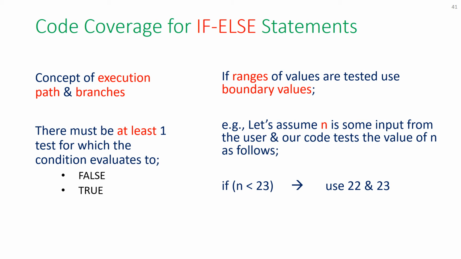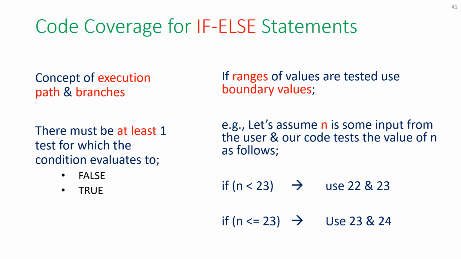But if I change this sign here, if instead of lesser I do lesser equal, then that changes what I have to test. Now I need to test 23 because 23 is the first value that is going to give me a true for that formula. And then I need to test 24 because 24 is going to be the first value for which I'm not lesser or equal to 23.